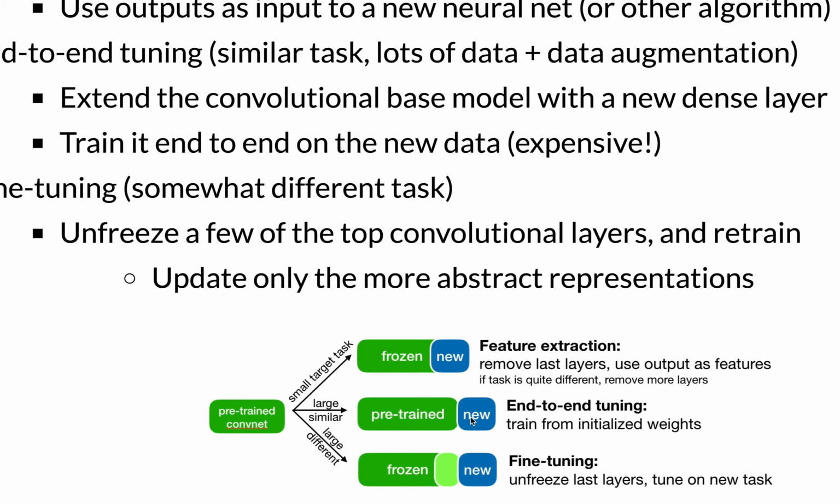So the only thing that we do here is that instead of starting from random weights, we start from initialized weights, but we will adapt them to the new task. And this you can only do when you have sufficient data. The first thing, the feature extraction, you can do even if you have little data. End-to-end tuning is quite a bit more expensive, so you need a lot more data to do that.